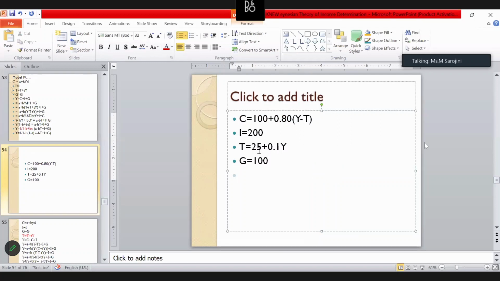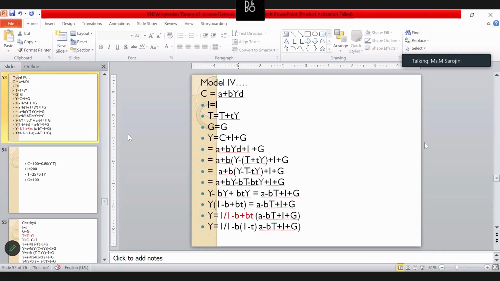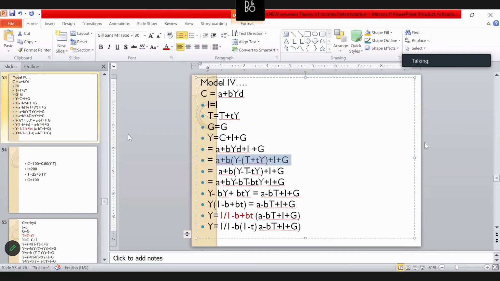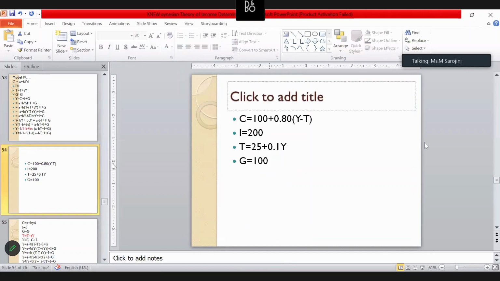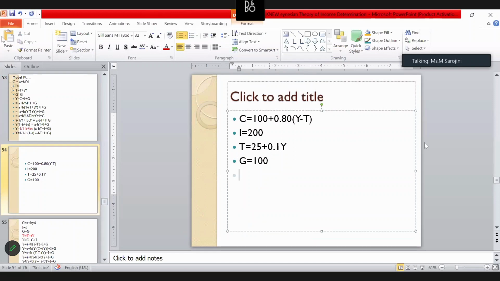Using this information, you can calculate the national income. Here, this is our equation. I just take this equation. Once you understand, you can do the things for the examination.